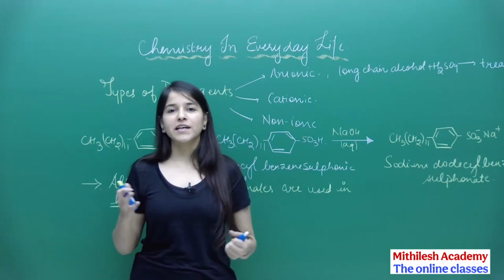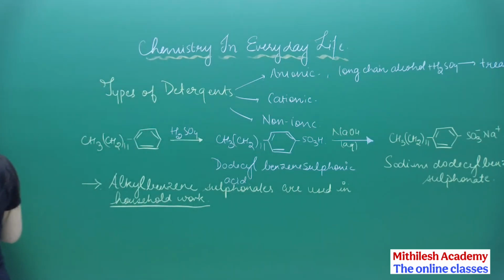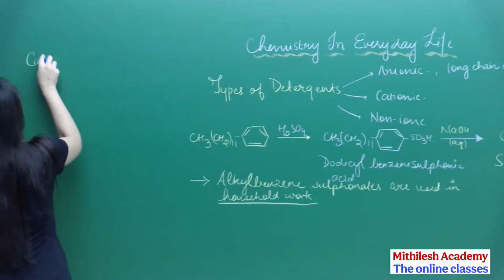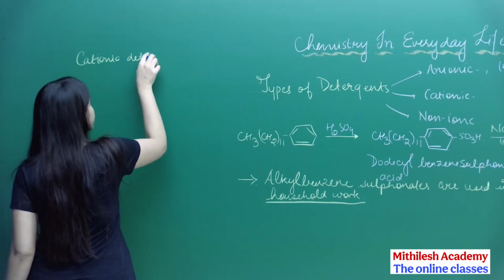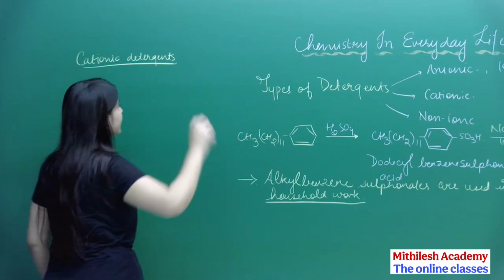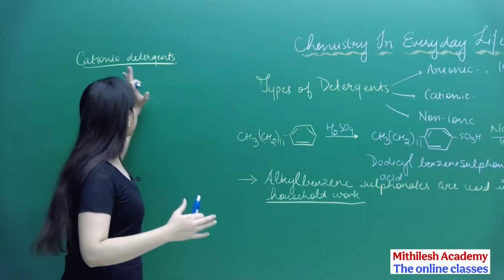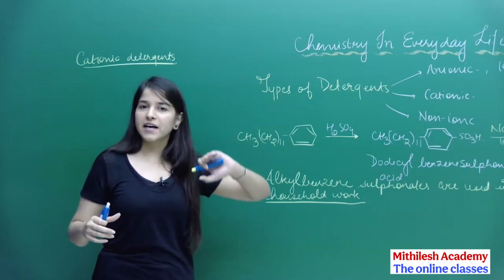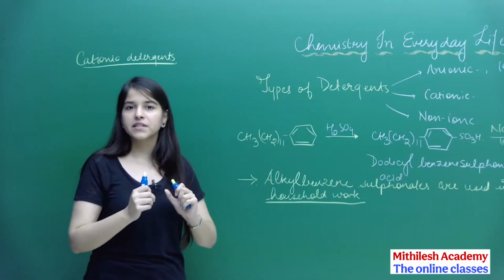Now let's move on to the cationic detergents. Let's have a look at the cationic ones. So what are cationic detergents? Under the category of cationic detergents, over here, instead of the anion, now the cation is taking part in the reaction most prominently.